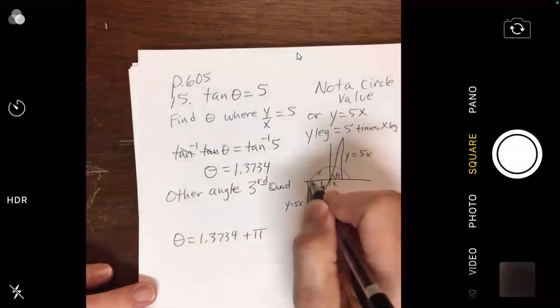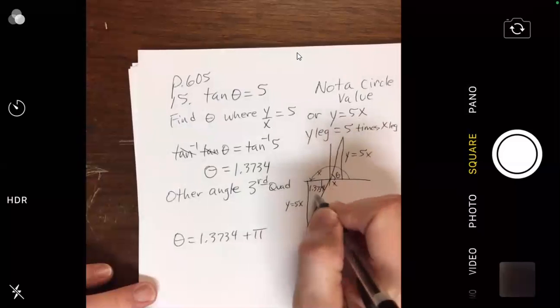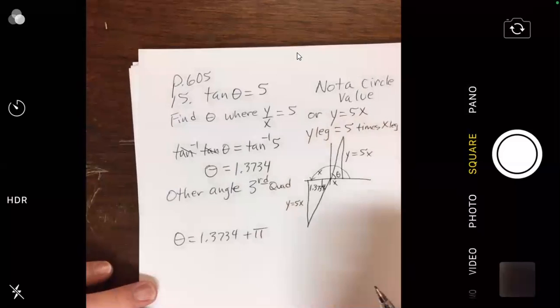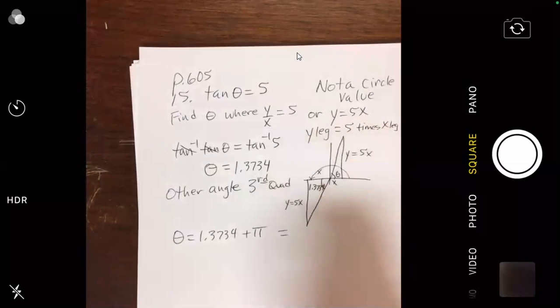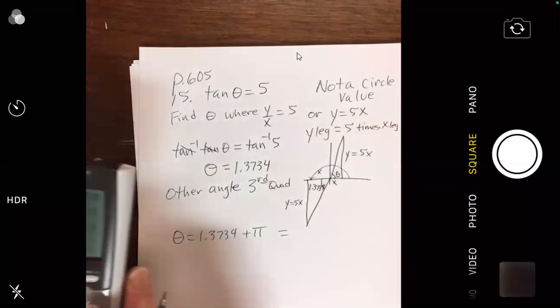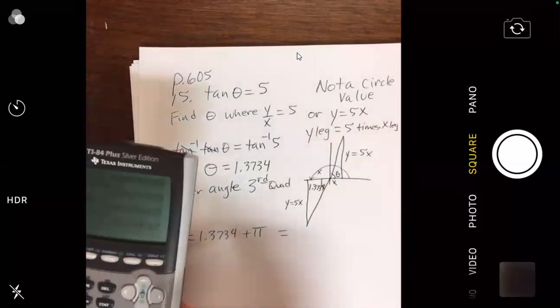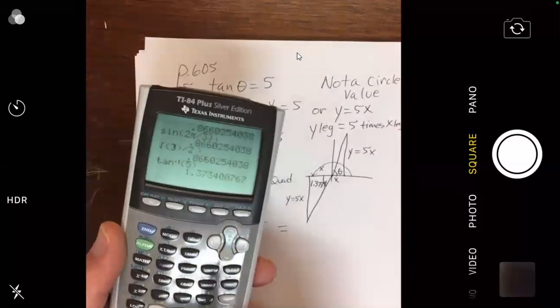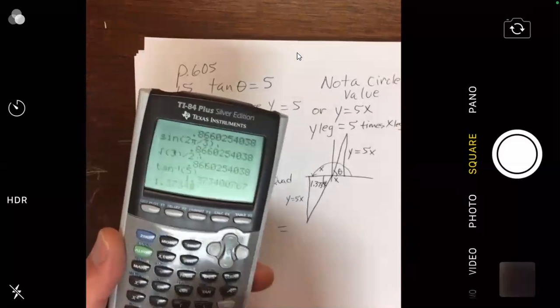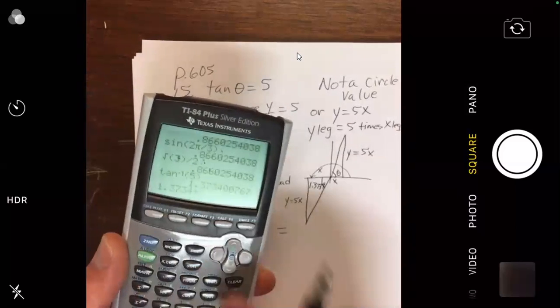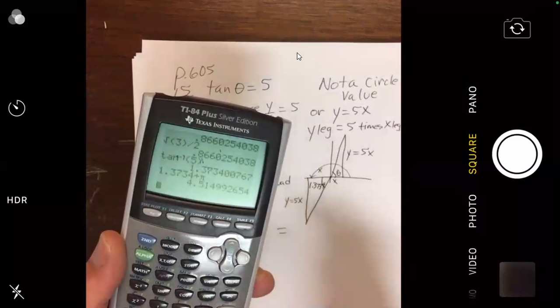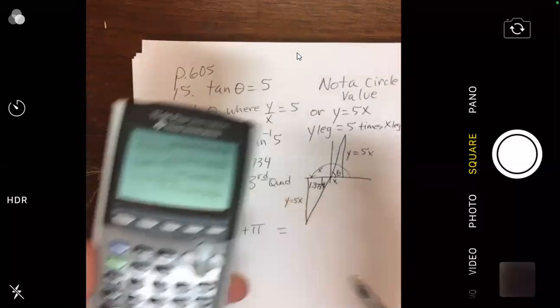In effect, pi plus 1.3734, which comes up 4.515, we'll call it.